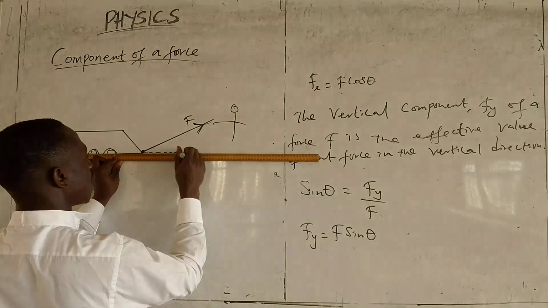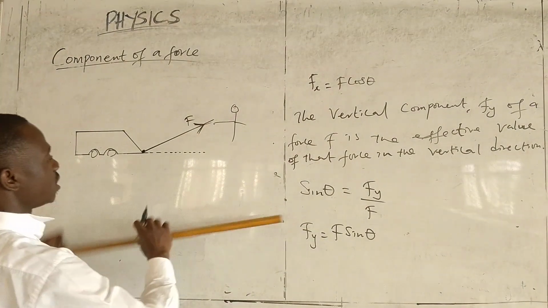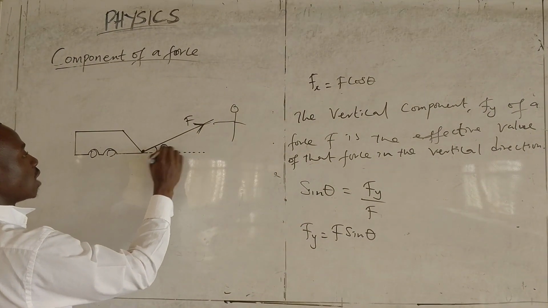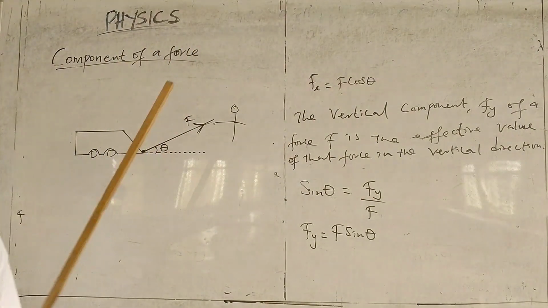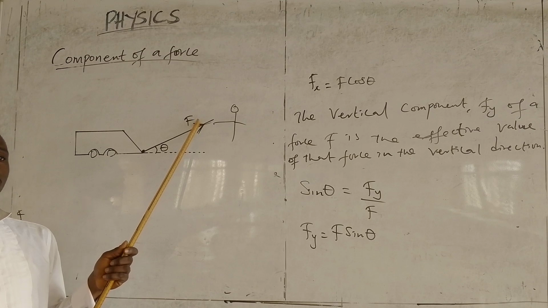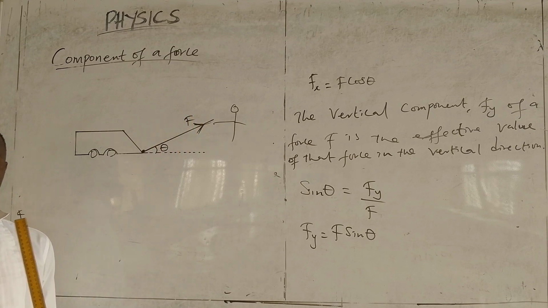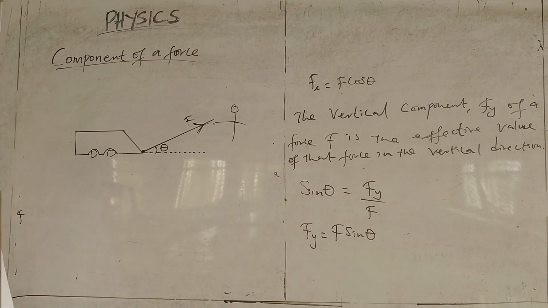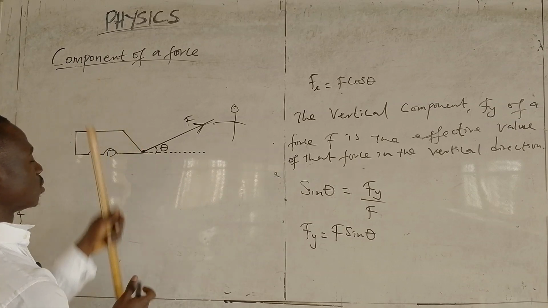So this is my horizontal, which I will draw from the point where the rope is tied. So this angle is theta. This force is going to have an effect in two different directions. And what are the directions? Horizontal and vertical.